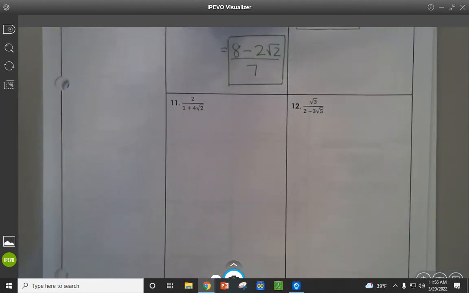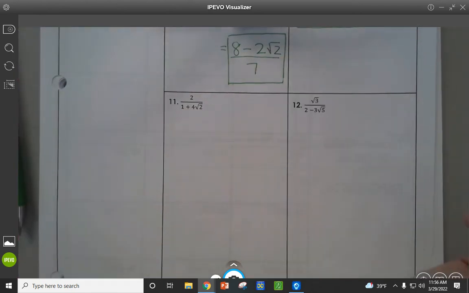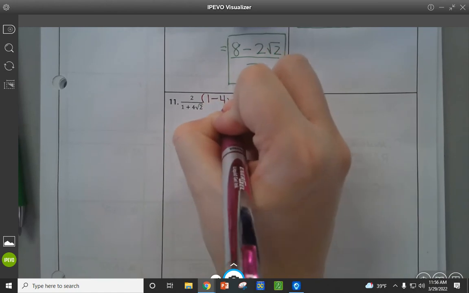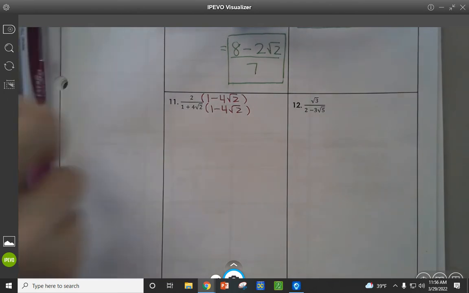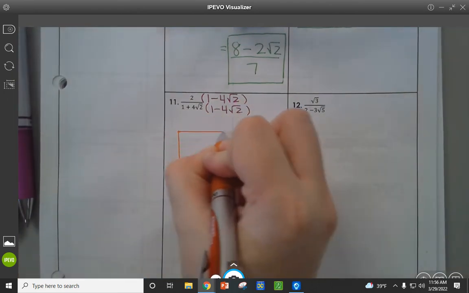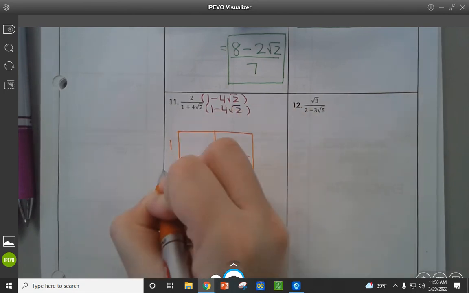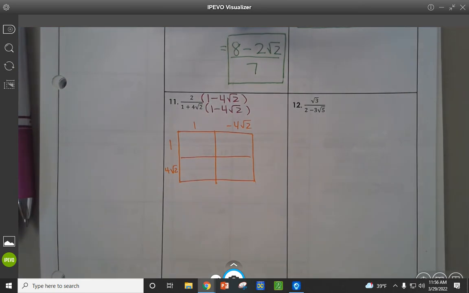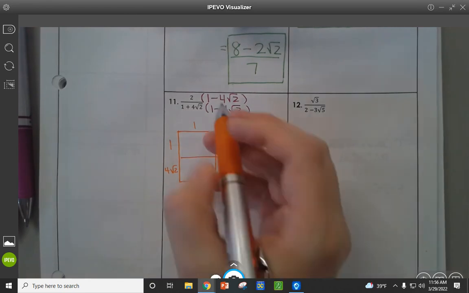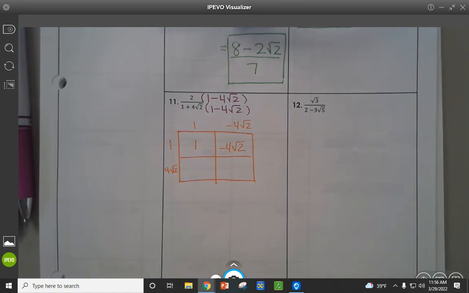All right. Number 11. What do we multiply the top and the bottom by? What's 1 times 1? 1. And 1 times negative 4 square root of 2 is negative 4 square root of 2.